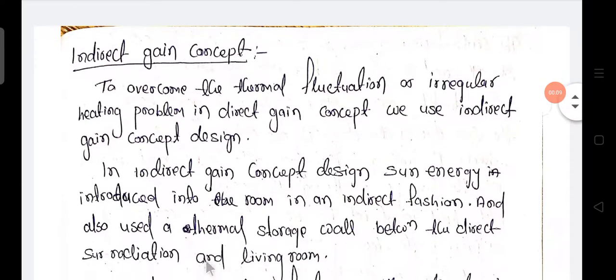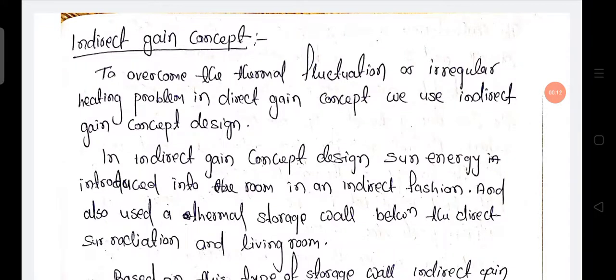In today's class, we'll see about the indirect gain concept. In previous classes, we have already seen the direct gain concept. In the direct gain concept, the sun rays or radiation fall inside our room or living room and directly heat the room air.